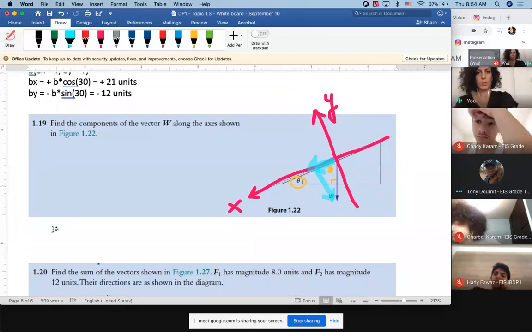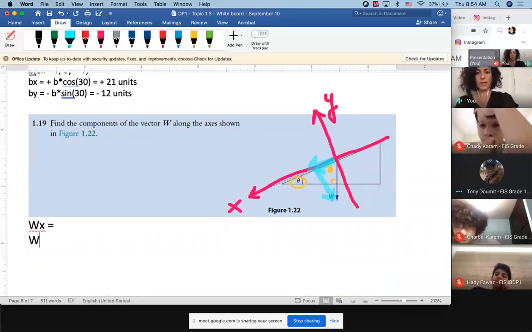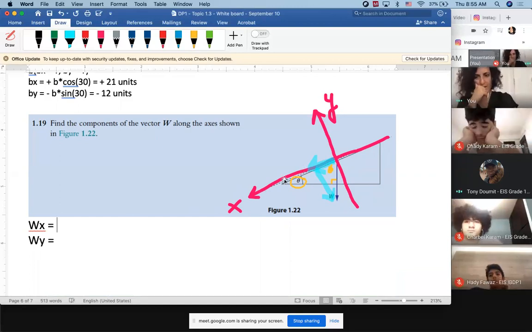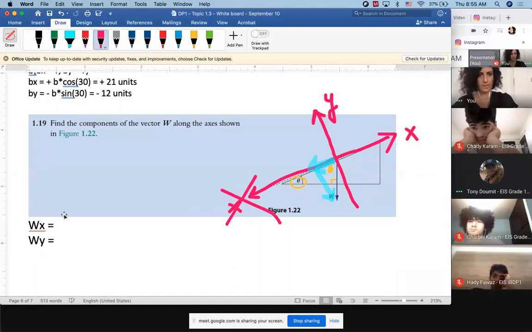So the vector is called W. Our job is to find Wx and to find Wy, okay? Let's try with plus and minus. Do you agree that Wx is positive because it's pointing in the x-axis? I took the x-axis in this direction. If you don't agree, I can simply remove this and point the x-axis like you want, Tony, so you lead. Which means in the case of your x-axis, it's going to be negative.